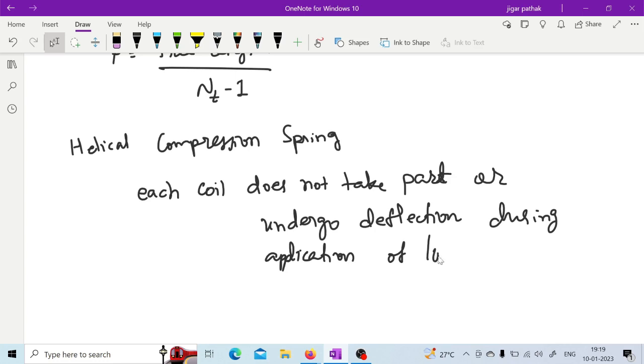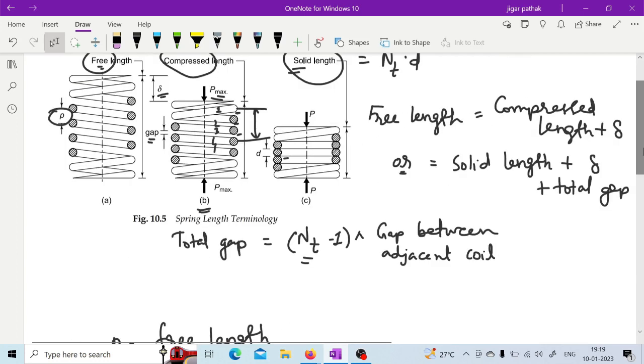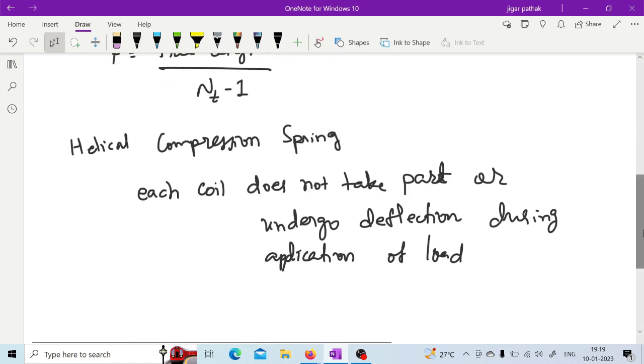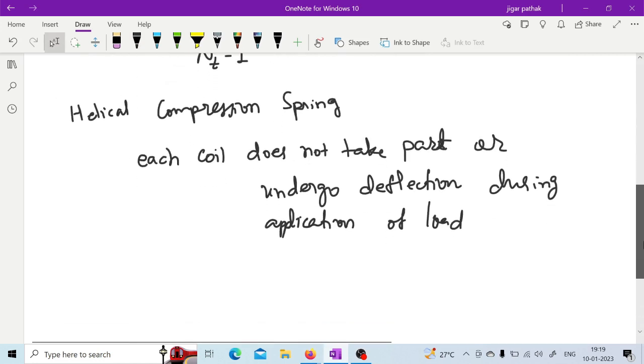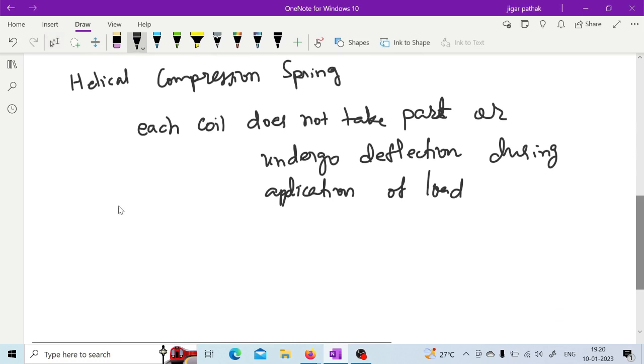If you apply load here, as shown in this compression spring, it may happen that some of the initial turns do not undergo any deflection. They remain as they are. Those turns which are not taking part in deflection are termed inactive coils.